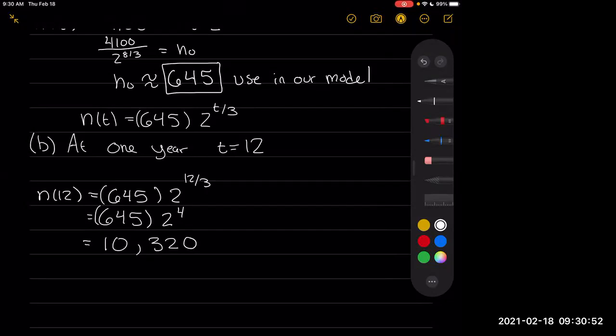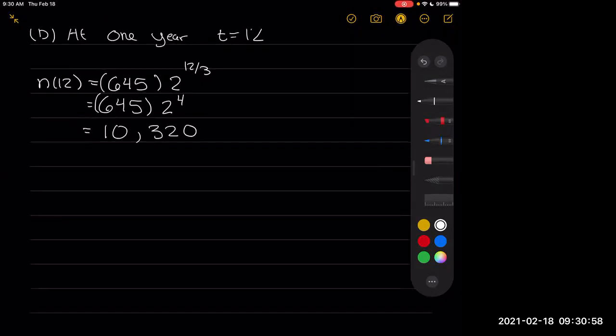Okay, so now we're going to move on to a different type of exponential growth. We're going to look at exponential growth with a relative growth rate.